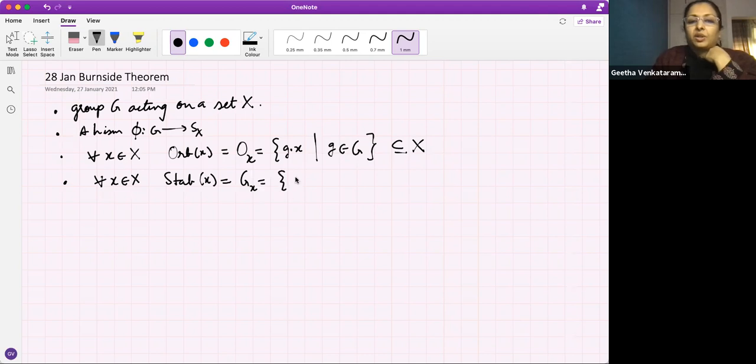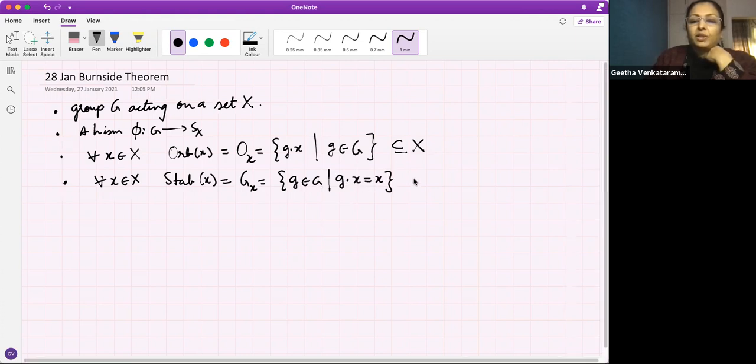And this was the collection of all g in G such that g fixed x. And we saw that this is a subgroup of G.